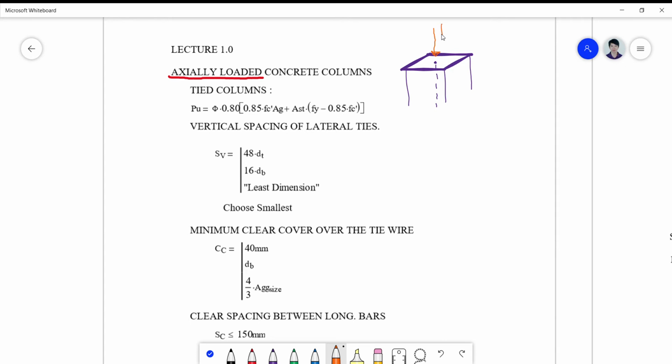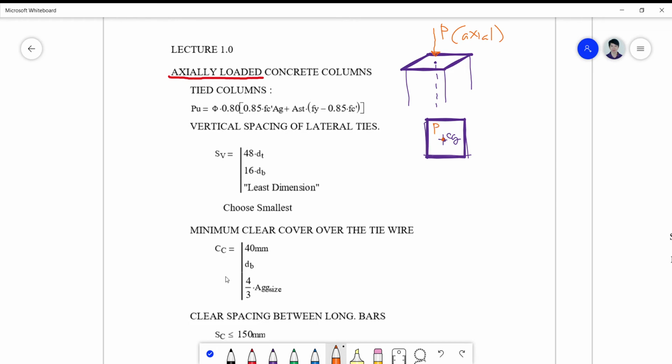So your P here is an axial load. If we look into the section on top view, supposing this is your section, this is the center of gravity of your column section, and your P passes right through this point.